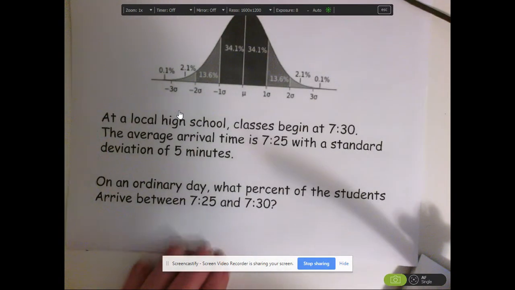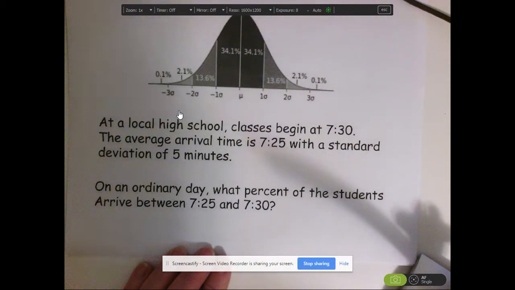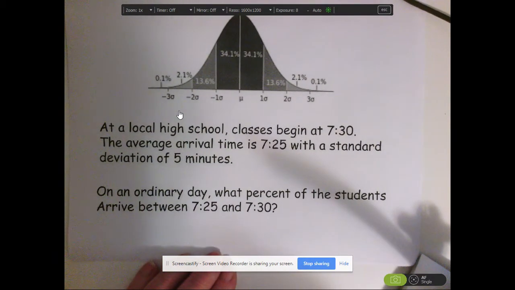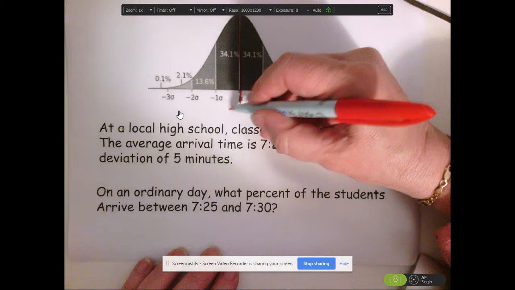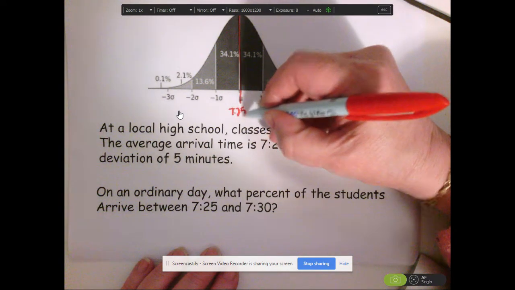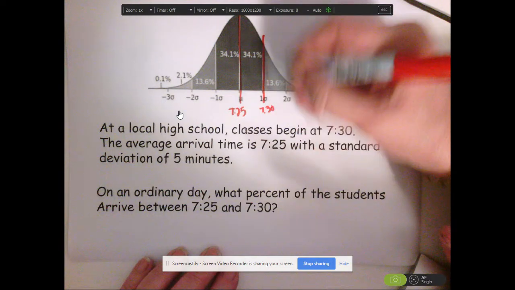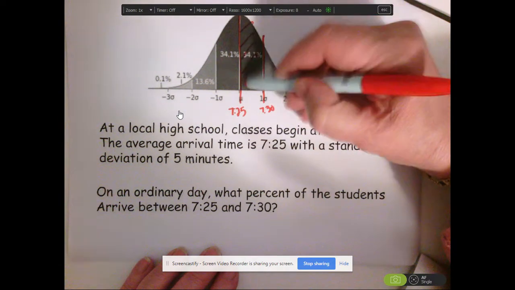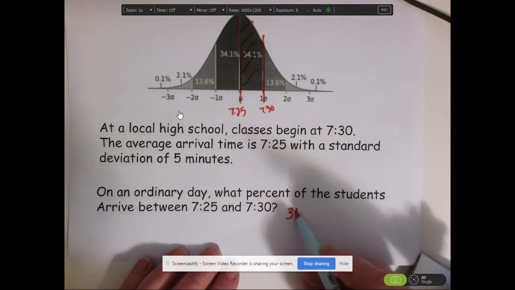Another example is, again, the same data, but now they want to know on an ordinary day, what percent of the students arrive between 7:25 and 7:30? Well, this here is going to be your 7:25. That is our mean. One standard deviation away here would be 7:30. So they're asking about this part of the chart, and you just have to read it, and it would be 34.1%.